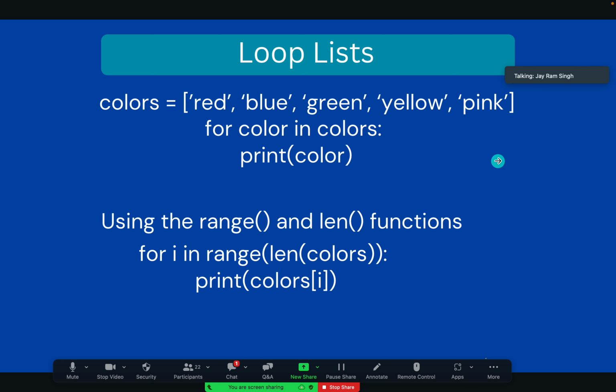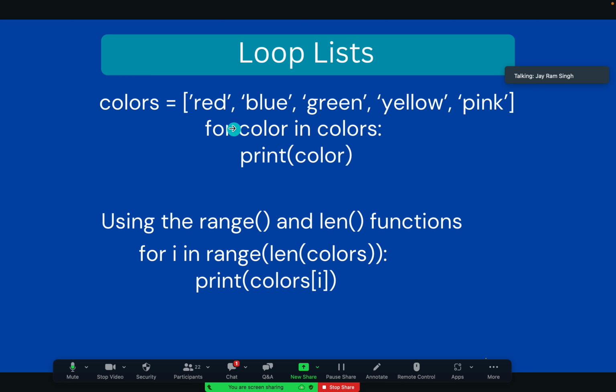Loop through. I think you're already familiar with how you can loop. You write the list here, then one by one take here and you can print. Clear? Or should I demonstrate this one? Using the range. I have this color and I'm finding the length, then putting range.